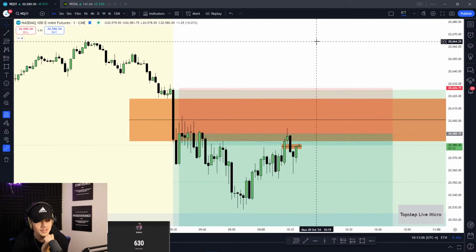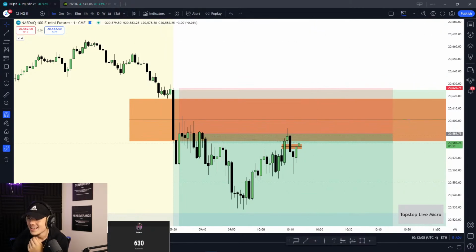Doesn't look like it's going to. I might take off a position though, depending on where this candle closes. All right, if we close lower, I won't, but if we close above consequent encroachment, I will.